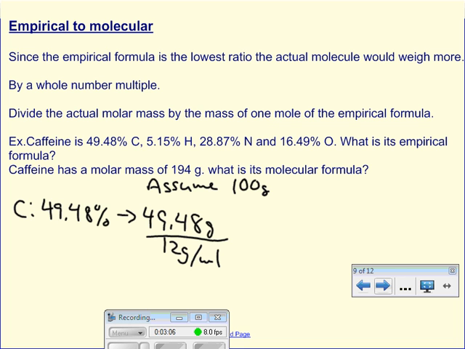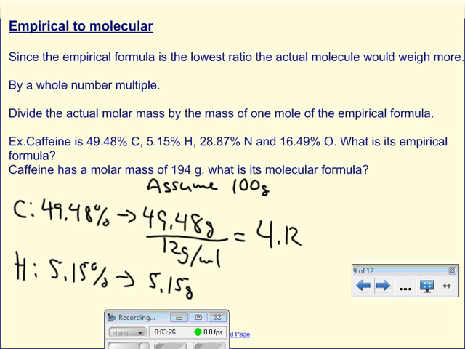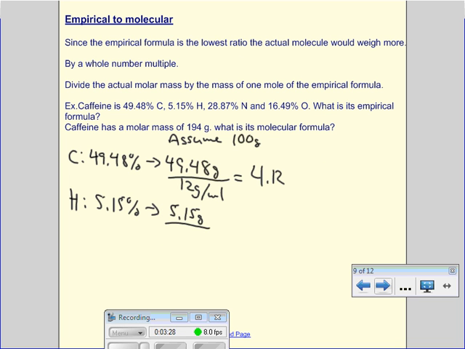And that is going to be, on my trusty calculator, 49.48 divided by 12, 4.12. Then I'm going to have hydrogen. 5.15% gives me 5.15 grams. Divide by 1 gram per mole gives me 5.15.